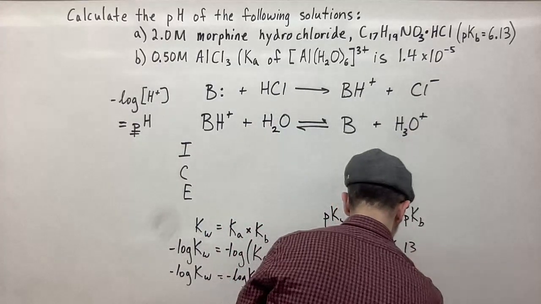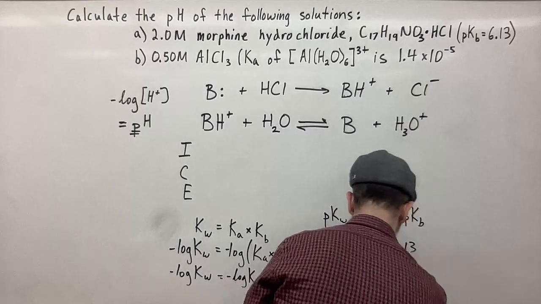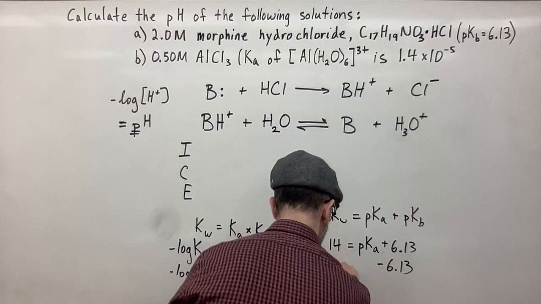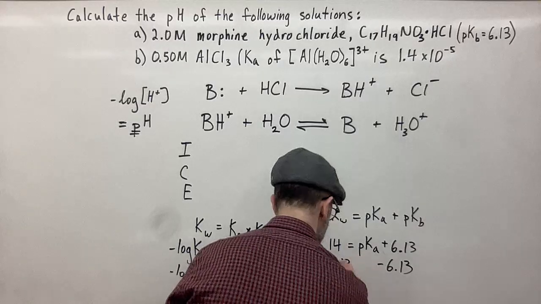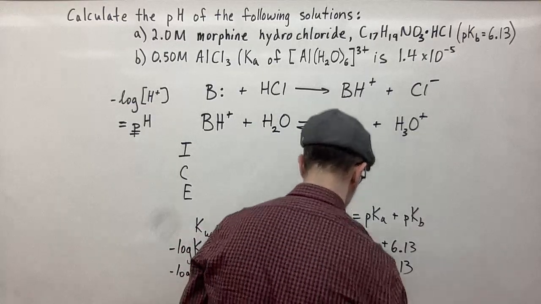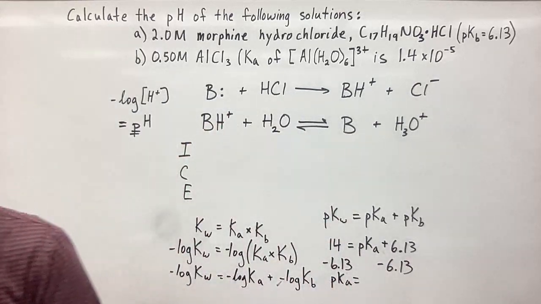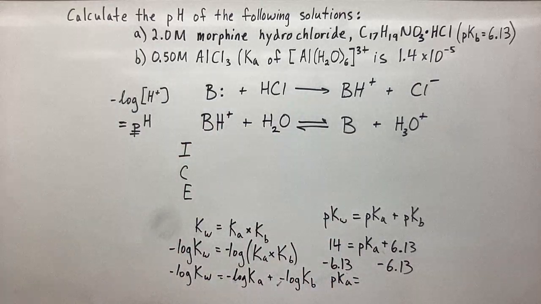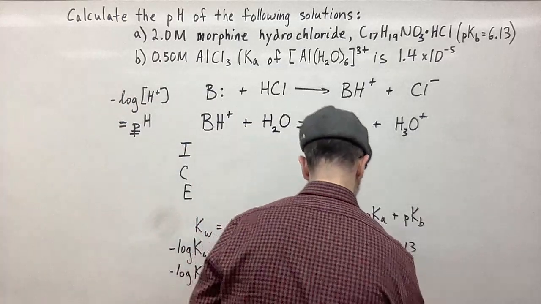So all we have to do is subtract 6.13 from both sides. And the pKa is then equal to 7.87.